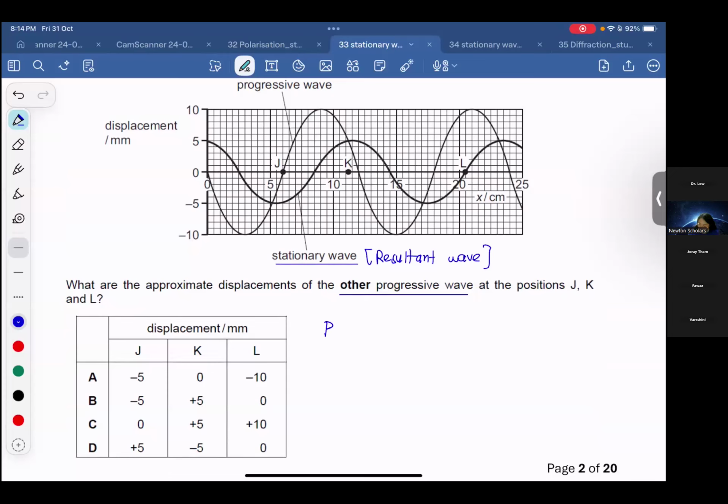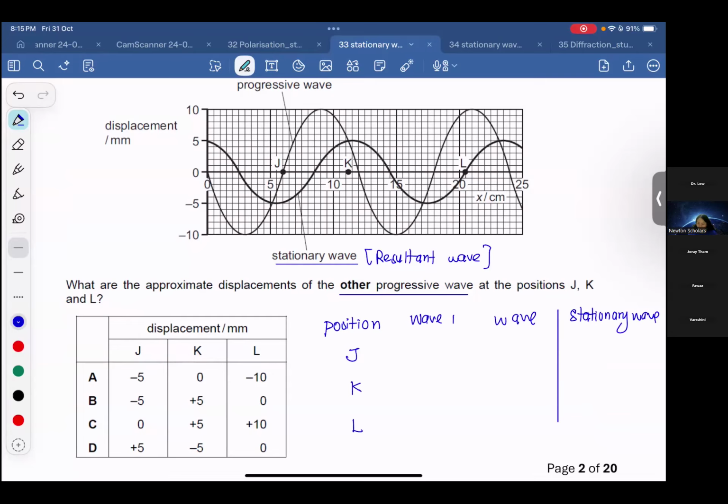Okay, so I write it down first. We want to compare a few positions: J, K, L. I have wave 1 and wave 2. These two we add up together, and we will get a resultant wave, which is my stationary wave.